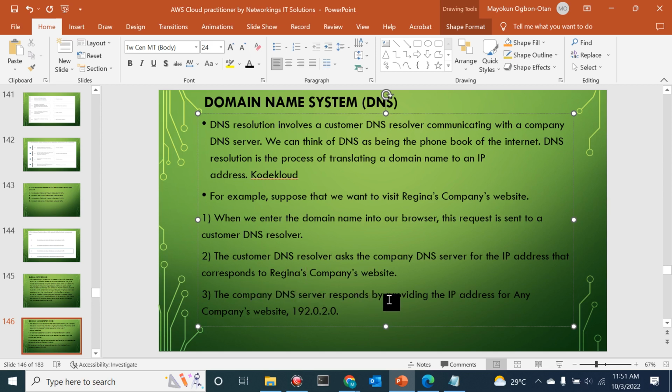The company DNS server responds by providing the IP address for Regina's company website, which could be, let's say, 192.0.2.1. Now we are going to have this DNS in another class when we start our DevOps series: how we can map domain name to IP address on our Linux server.